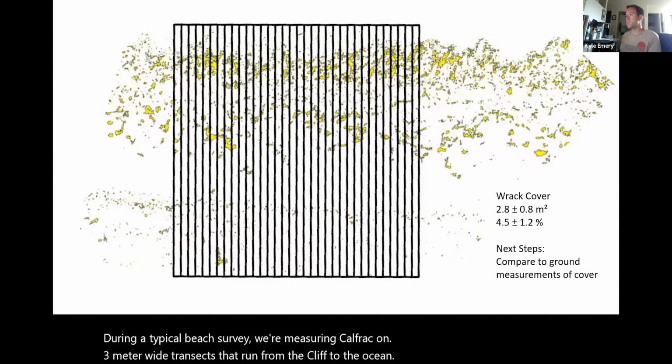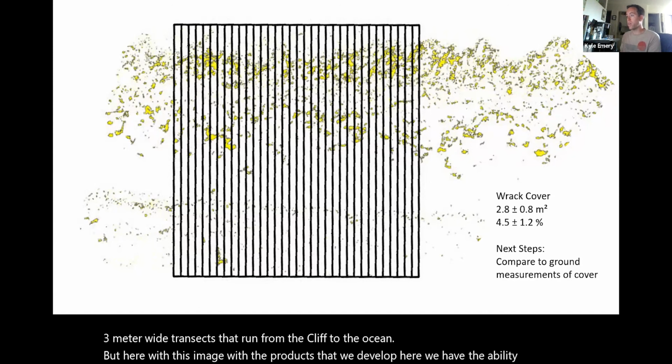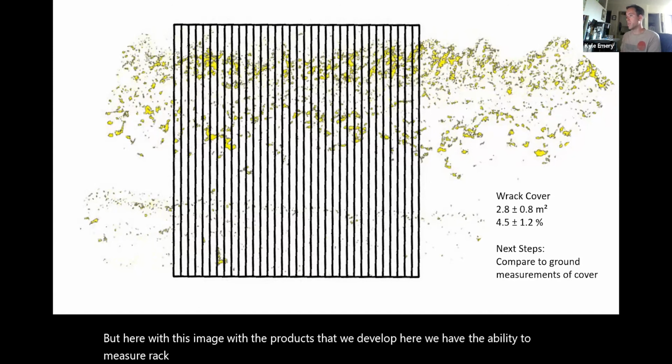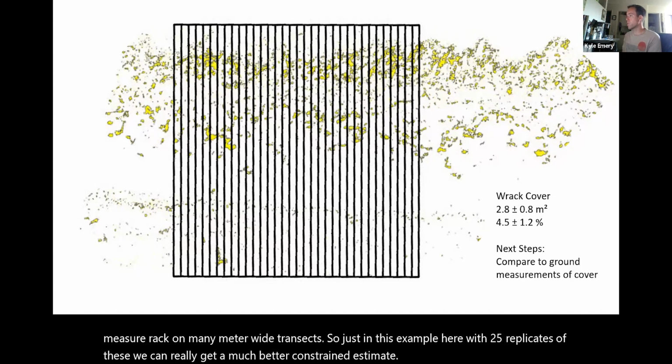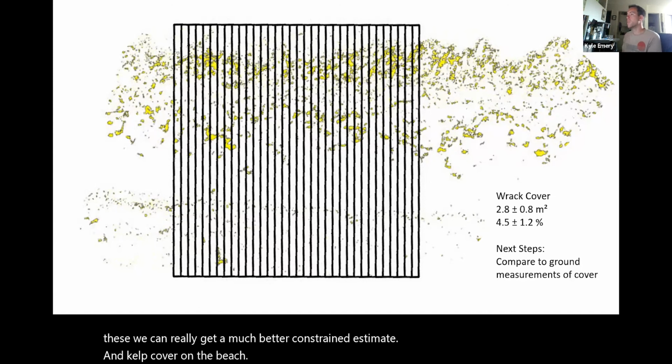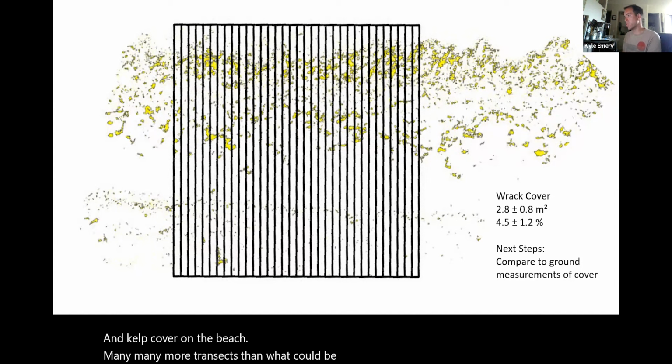But here with this image, with the products that we develop here, we have the ability to measure rack on many meter wide transects. So just in this example here, with 25 replicates of these, we can really get a much better constrained estimate of kelp cover on the beach, doing many more transects than what could be accomplished in a given field survey.